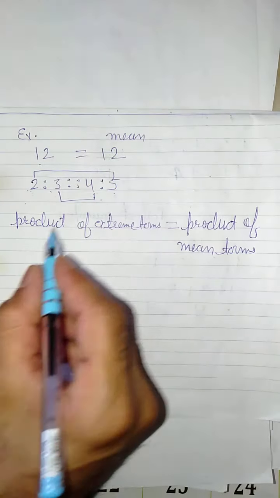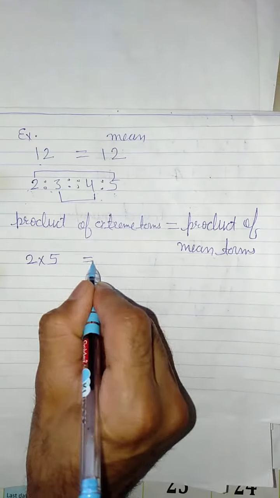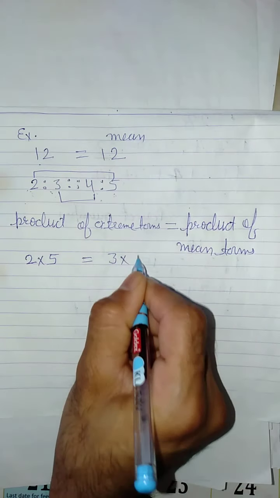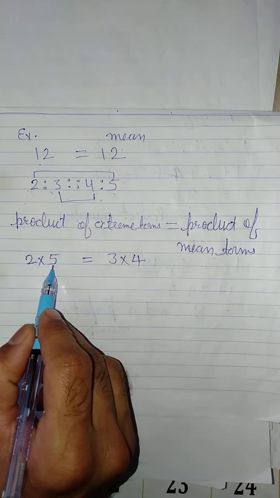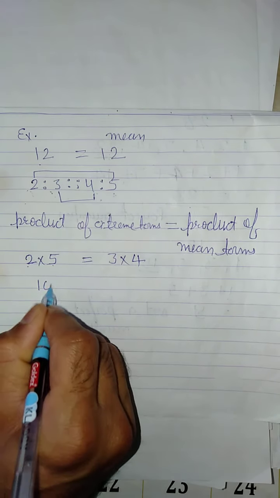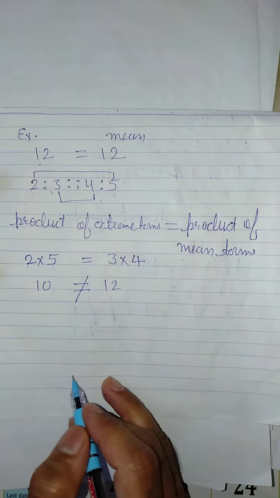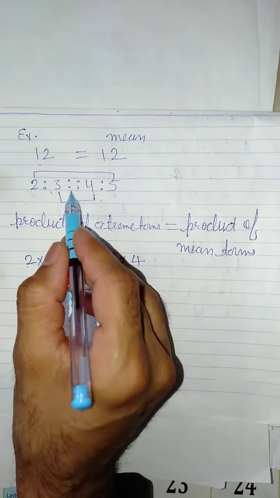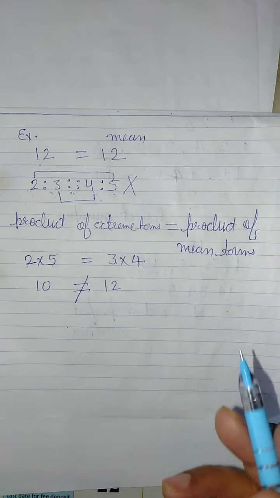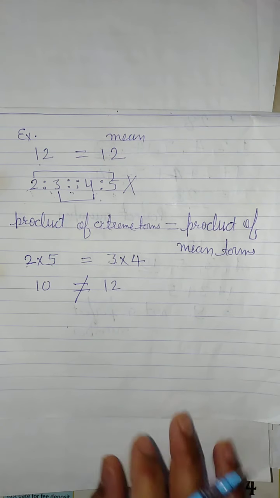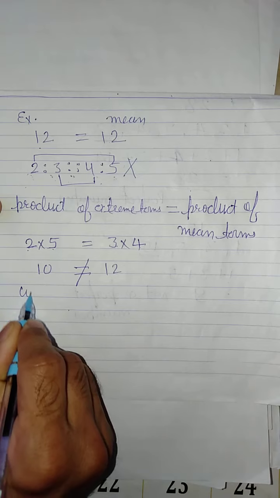So product of extreme terms, 2 multiplied by 5, should be equal to 3 multiplied by 4, right? So 2 multiplied by 5 is 10, 3 fours are 12. Are these equal? No, these are not equal. It means here we can say these are not in proportion, means they are not equivalent to each other, right?